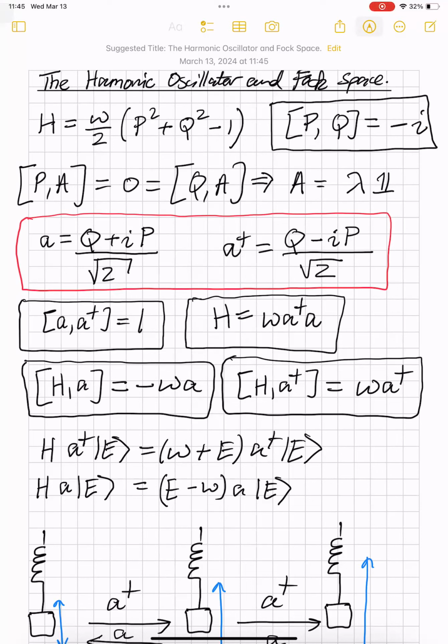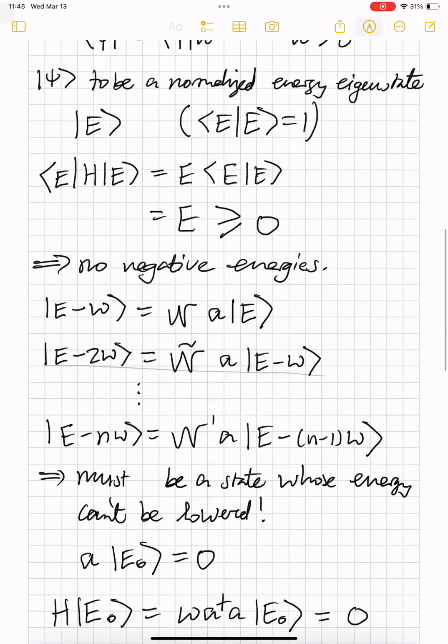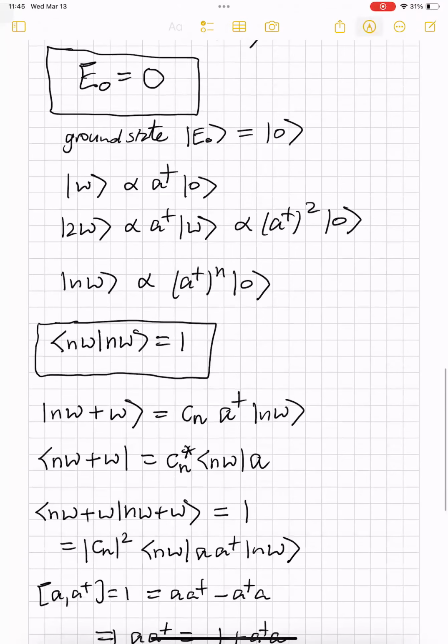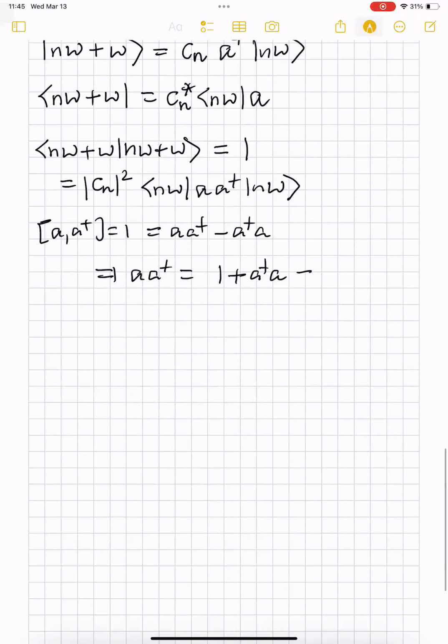Okay, so look at this equation sitting over here. A dagger A is just the Hamiltonian over omega. So this is nothing but 1 plus the Hamiltonian over omega. And the reason why that's a useful fact is that I know that the Hamiltonian acting on the state n omega just gives me the energy of the state, which is n omega onto n omega.